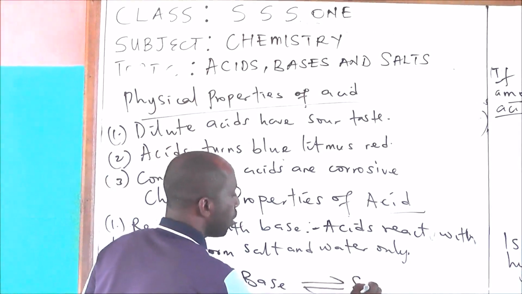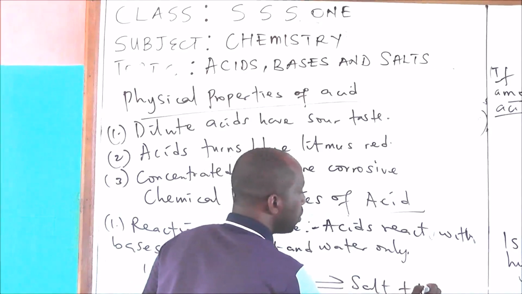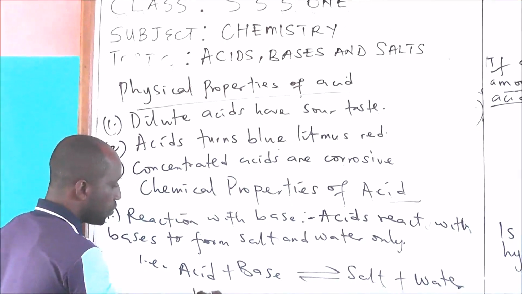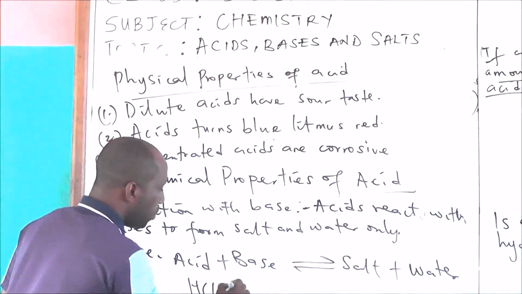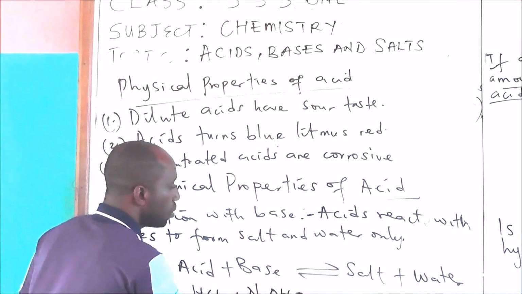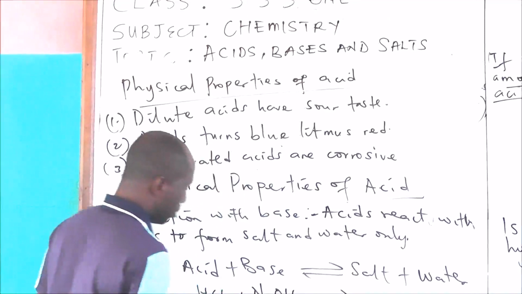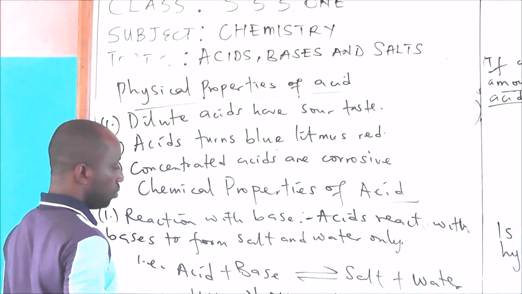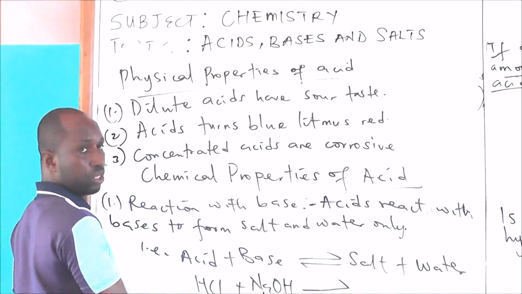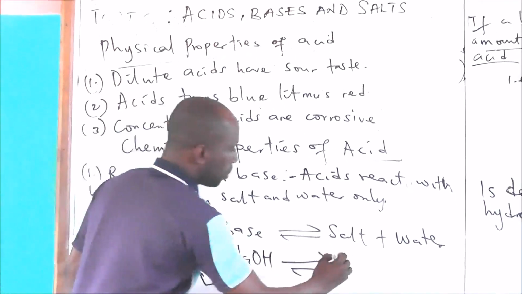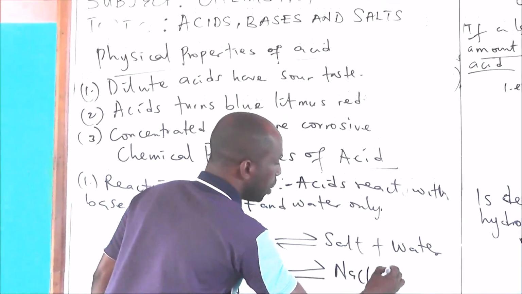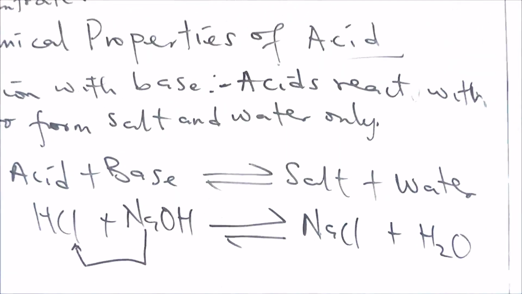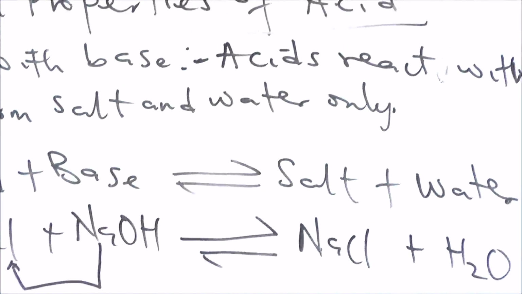For example, acid is HCl, base is NaOH. The sodium joins with the chloride ion here, that will give us sodium chloride plus H2O. You have the hydrogen here, and the hydroxide ion, that gives you water.